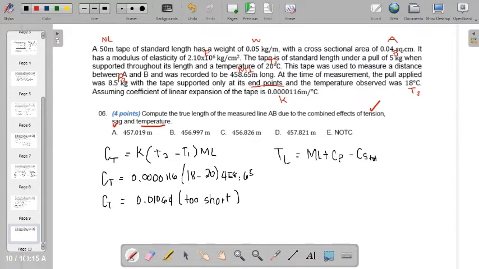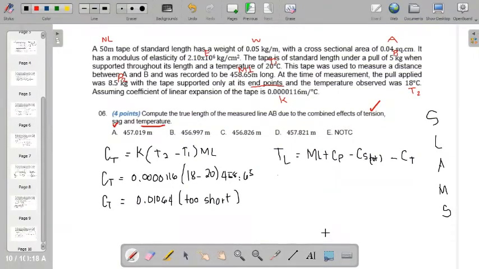And since we measured the length and our temperature correction is too short, we subtract it. So this is minus C sub T.